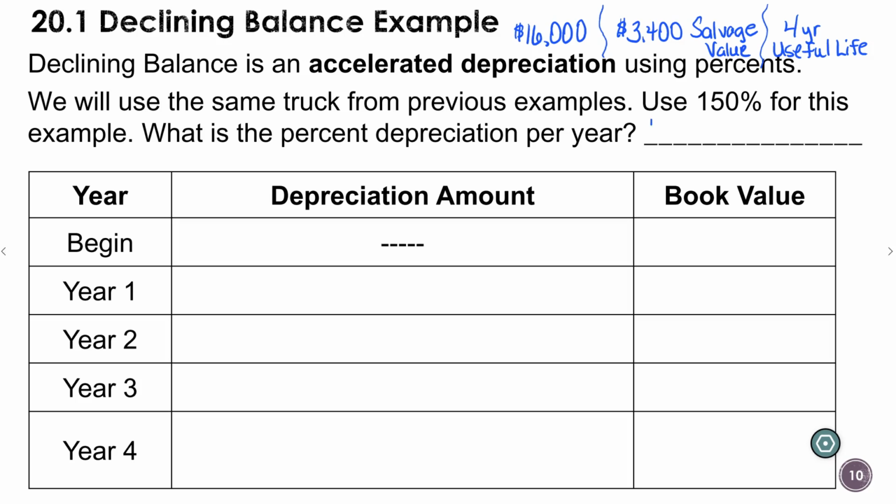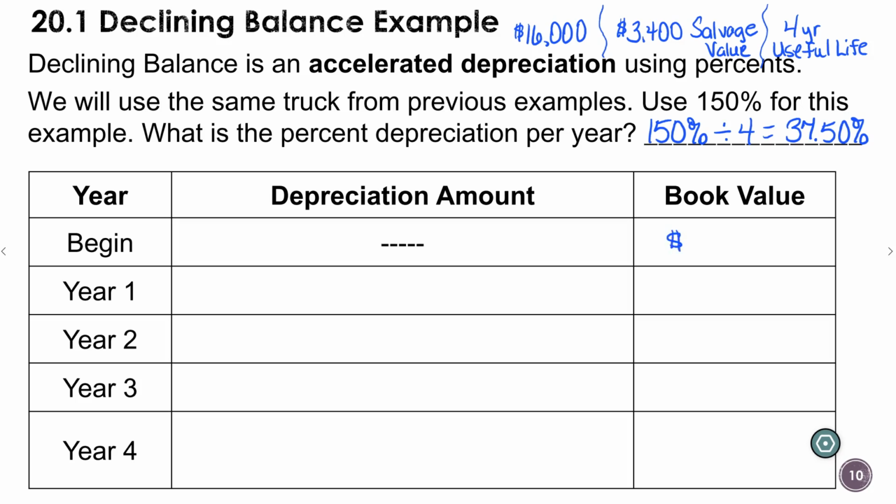Now we take our percent and divide it by the number of years for our useful life, which in this case is 4. And we get 37.50%. And as we multiply, we're just going to drop that 0. And on your calculator, it won't show you the 0.